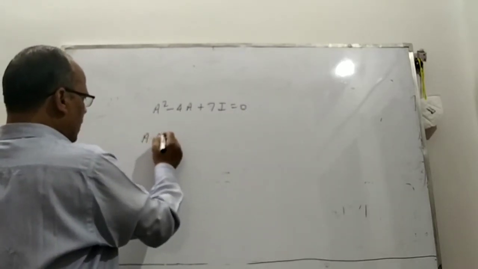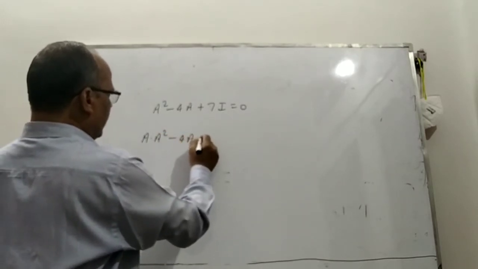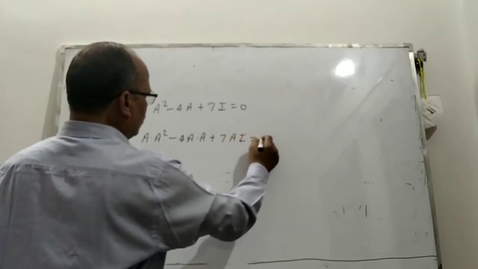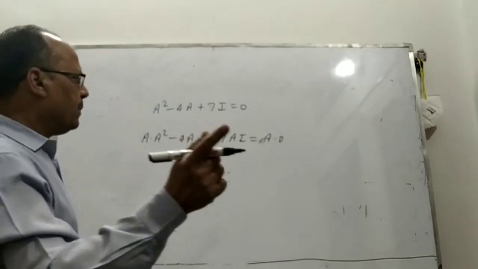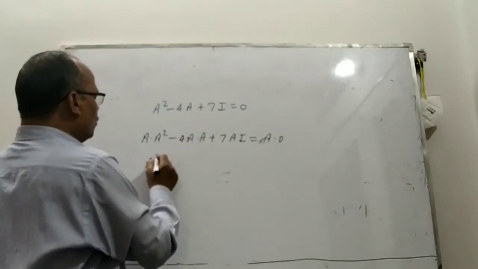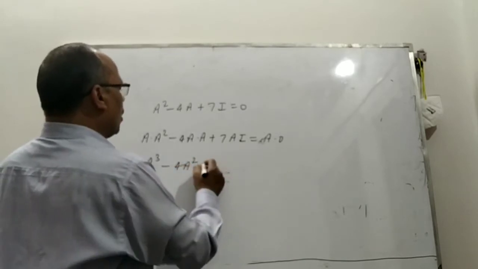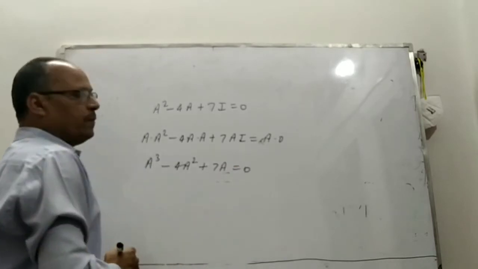So A into A square minus 4A into A plus 7A into identity equals A into the null matrix. A is multiplied on both sides. A cube minus 4A square plus 7A equals 0.